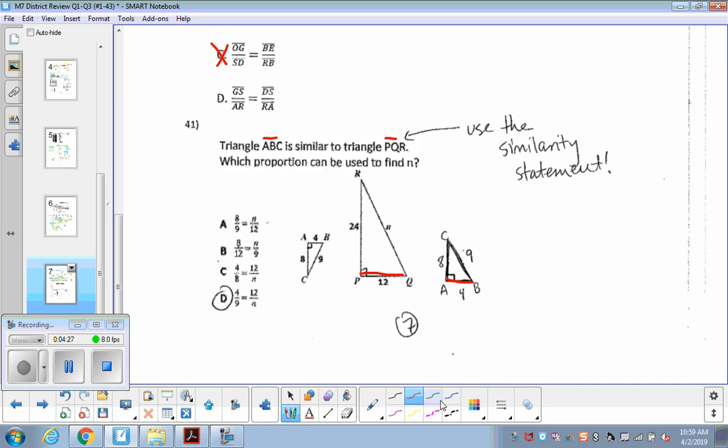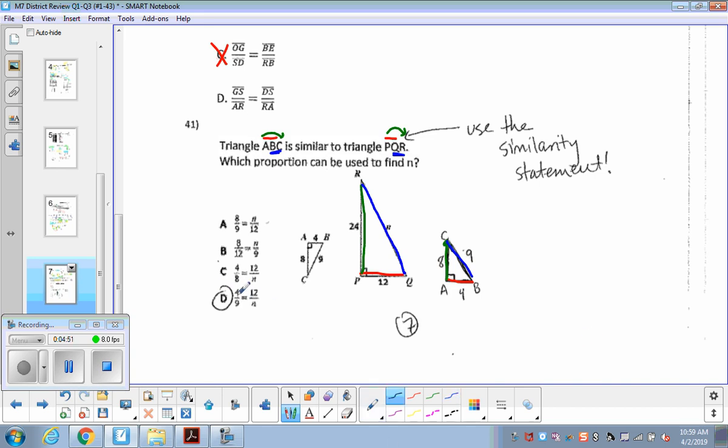I also know from P to R is going to be my green side right here. So from A to C is my green side right here. Now CB I have here in blue, and notice that my QR I also have in blue right here. So now everything's lined up.